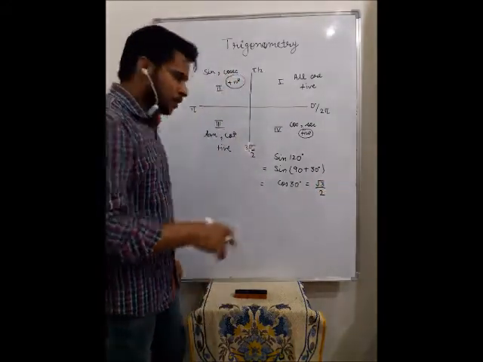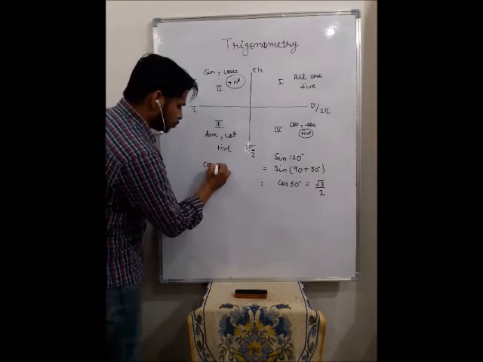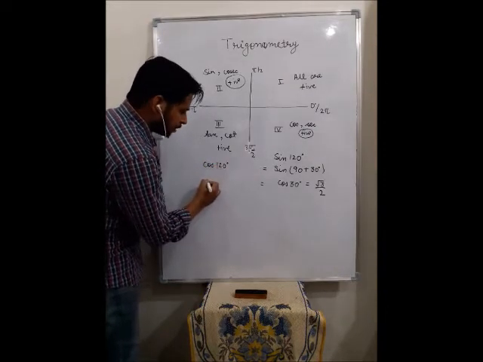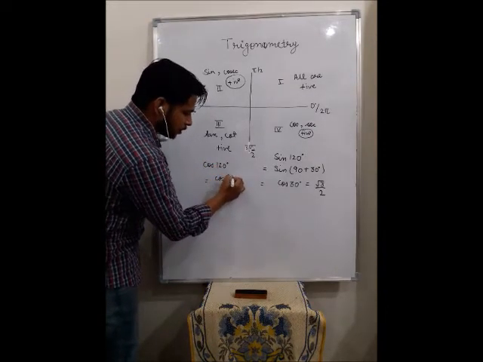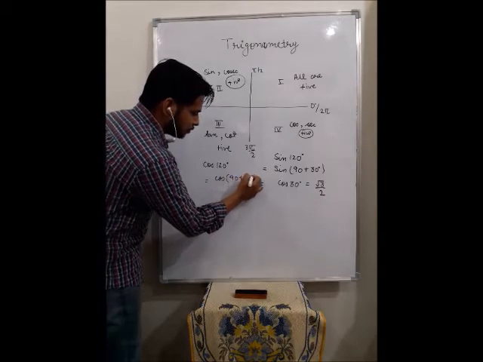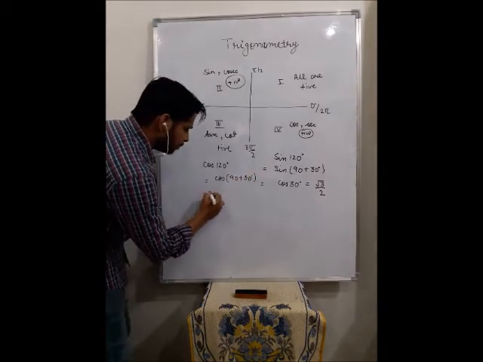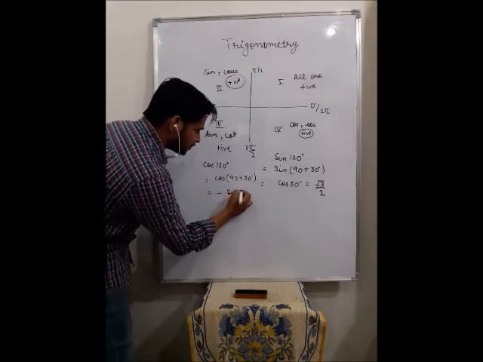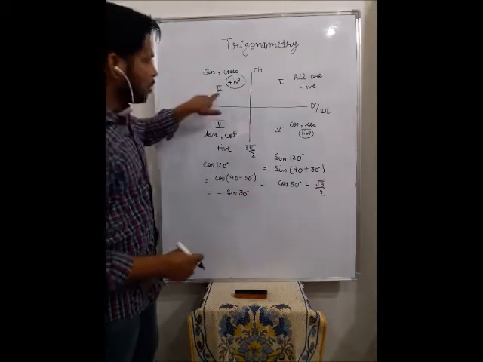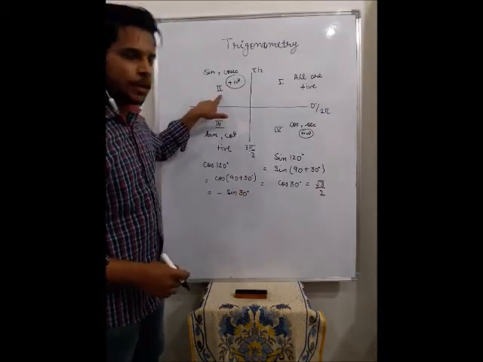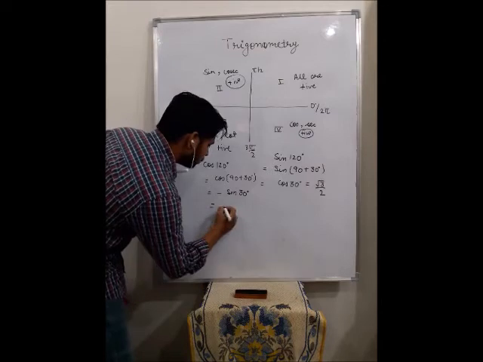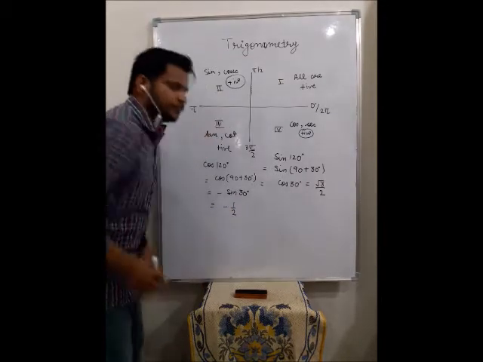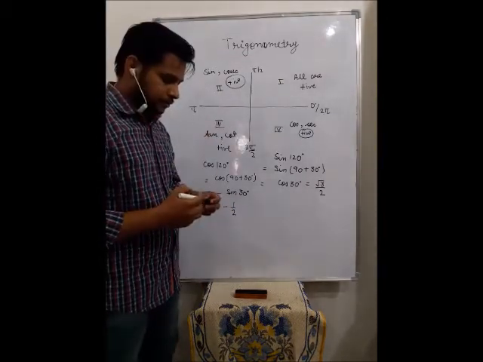But for cos function, cos 120 degree is equal to cos of 90 plus 30, which will be minus sin 30 degree, because cos is not positive in the second quadrant. So what will be the value? Minus 1 upon 2.